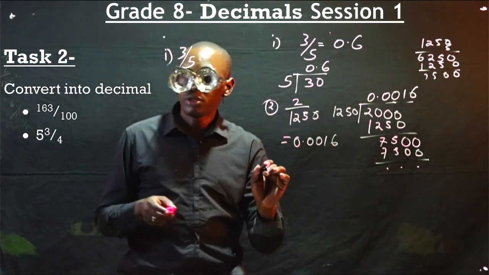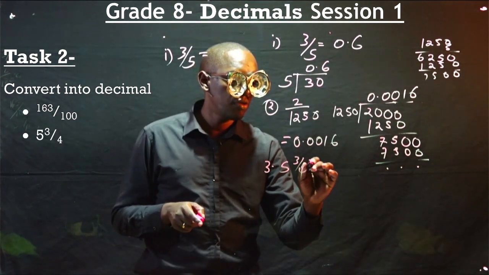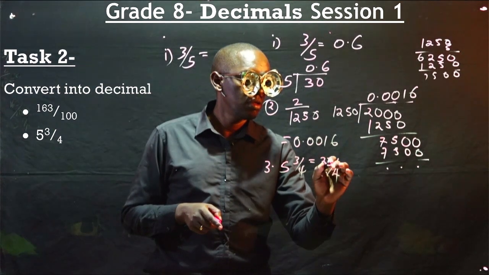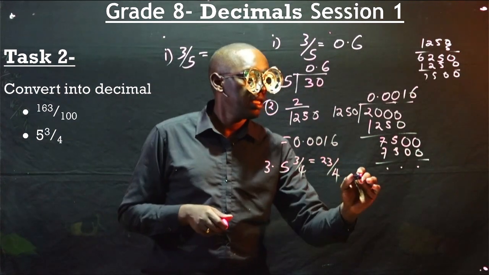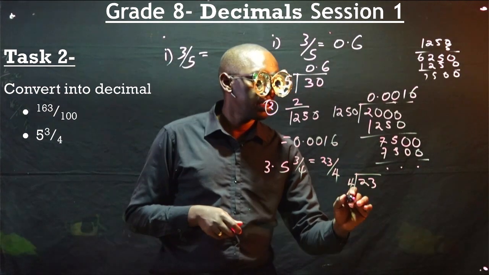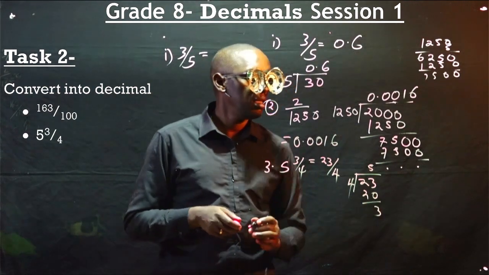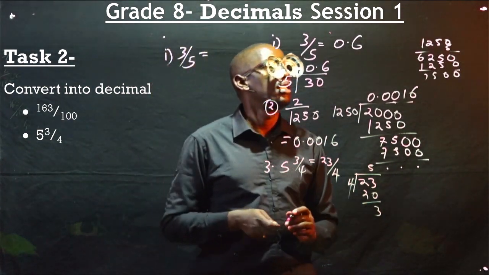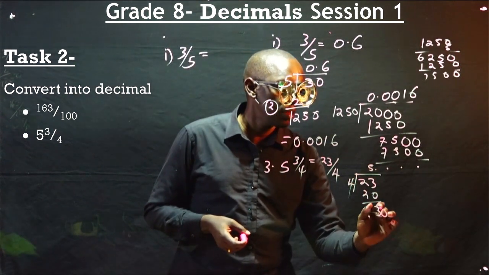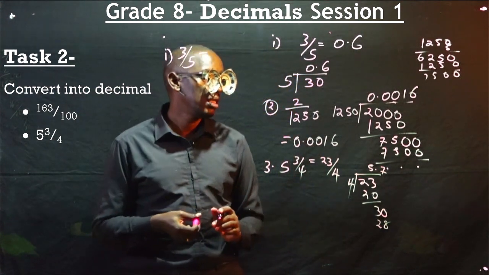Okay. So this is 5 and 3 over 4. This is 23 over 4. If you take 23 divided by 4, what do you get? 5 because of 20. Remainder 3. Quickly, add a 0 to get 30. So this is 7 because of 28.